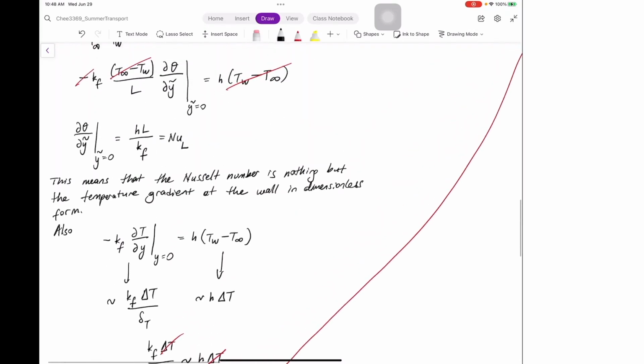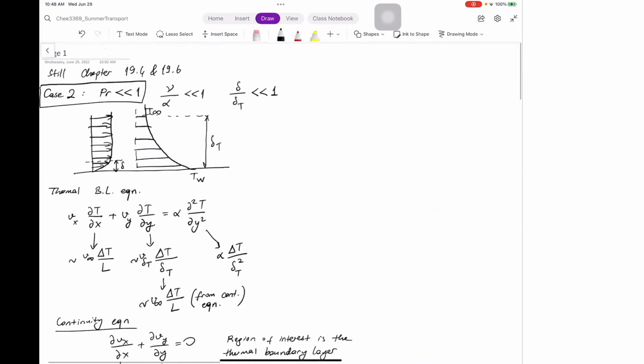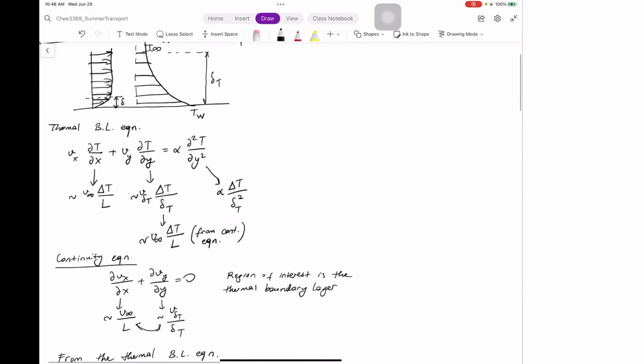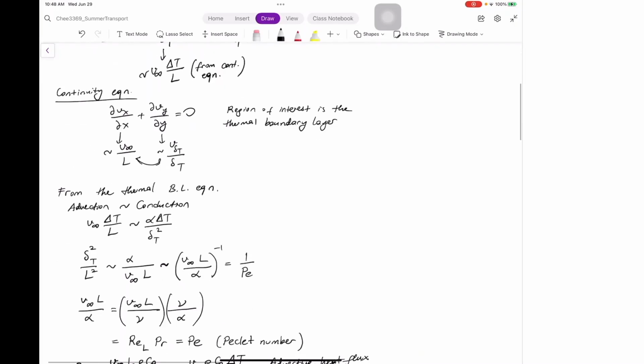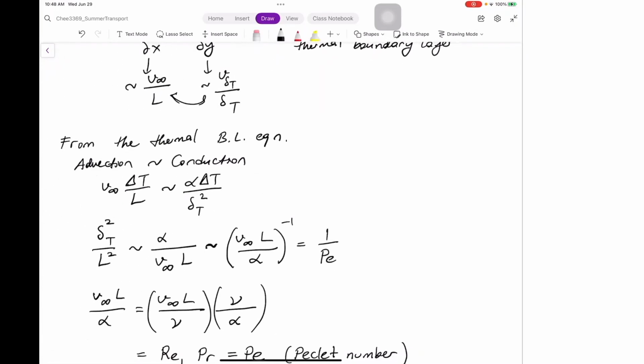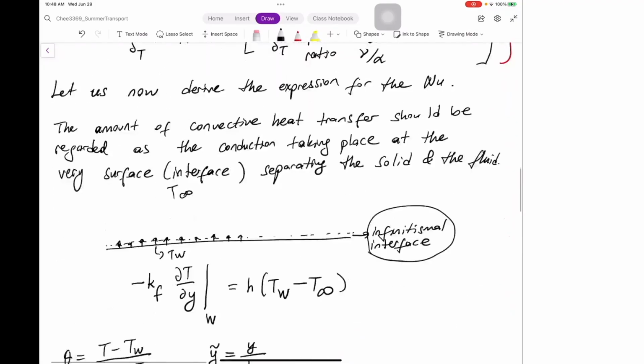Okay. Where did we use the delta is much less than delta t assumption?